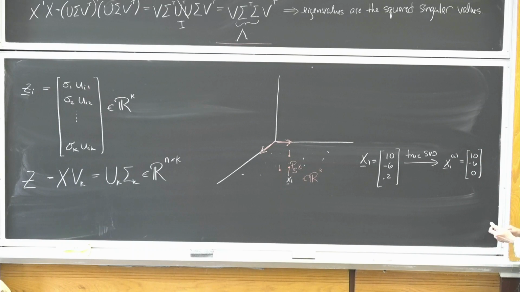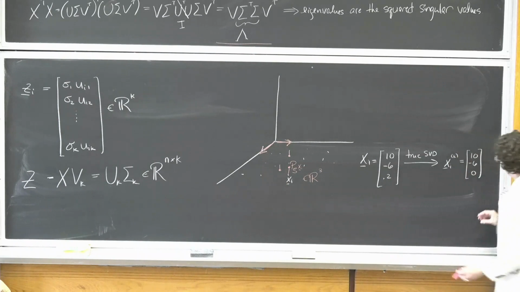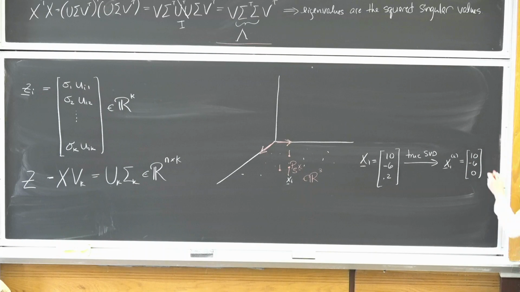So instead of keeping this full vector, I'm just going to keep the parts where I've got variation. This is going to be my Zi. So this is actually lower dimensional, in terms of the number of entries in the vector, than the rows of my truncated SVD matrix.